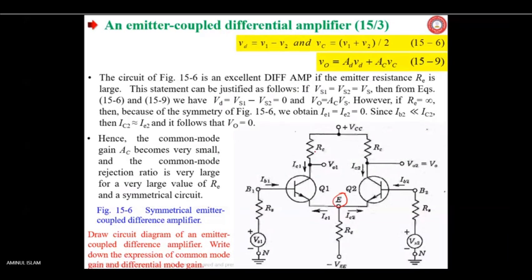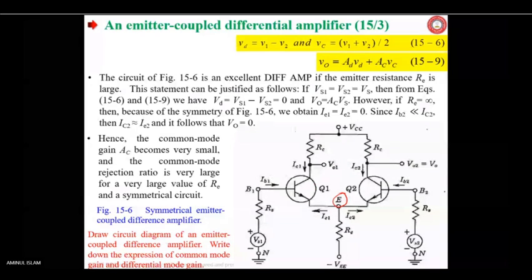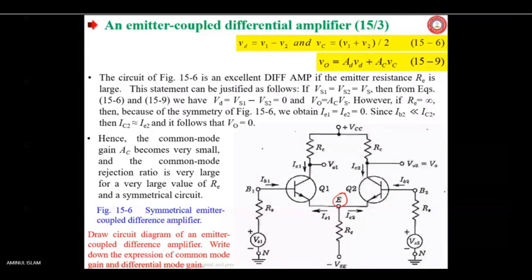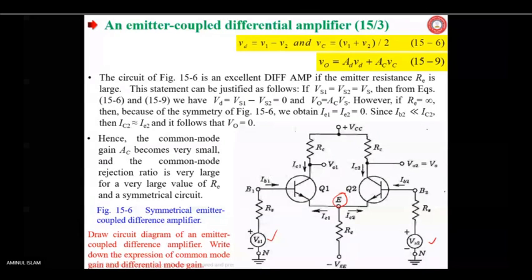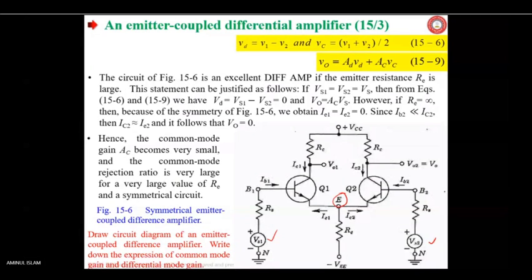The collector resistance or the load resistance for this. Earlier I've shown that this load can be an active load with MOSFETs in case of MOSFETs. And these VS1, VS2 are the two signal sources, maybe a mic or that kind of thing, that develops a small voltage, in the range of microvolt or millivolt.